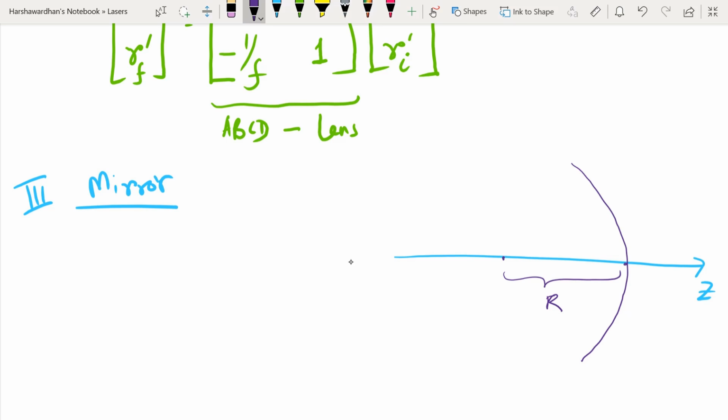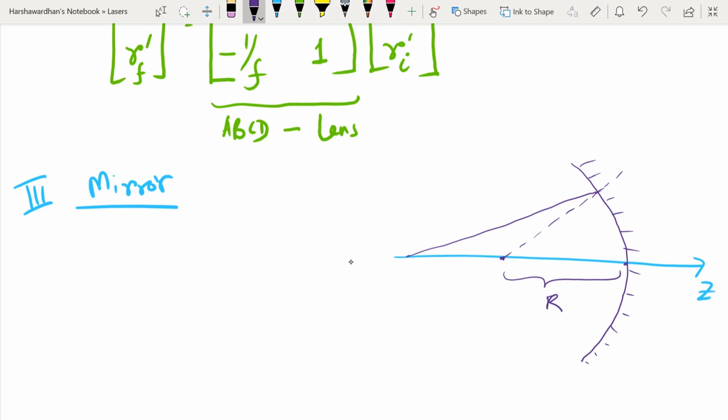So this point gives you the center of the sphere of which the concave mirror is a part.